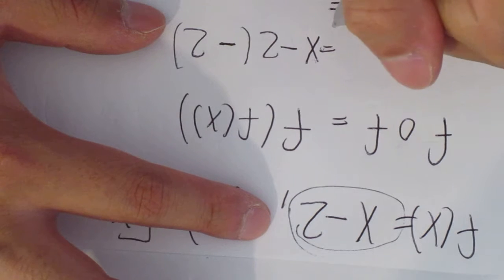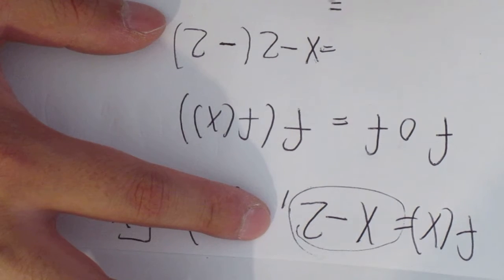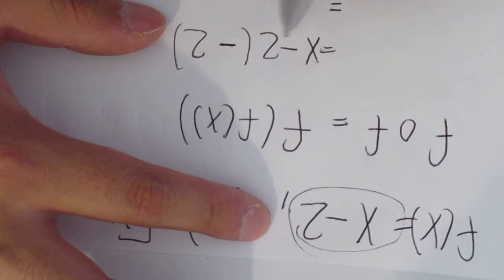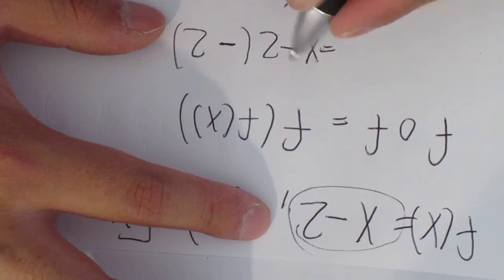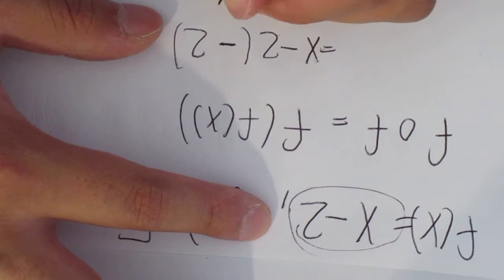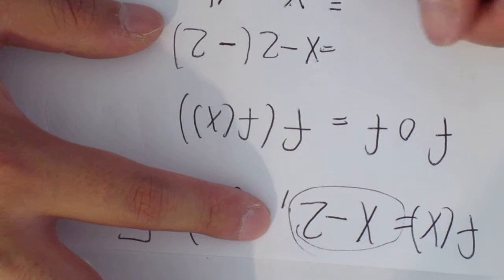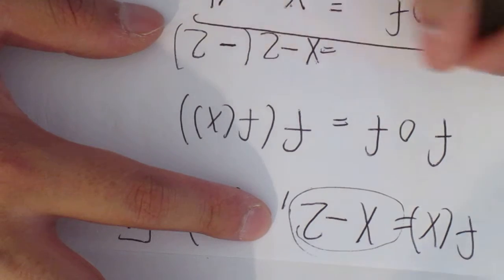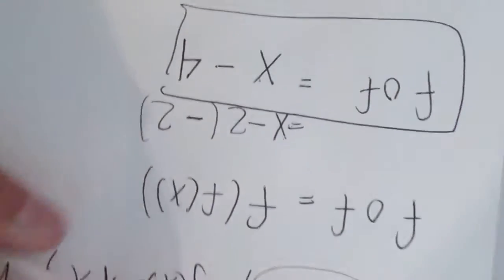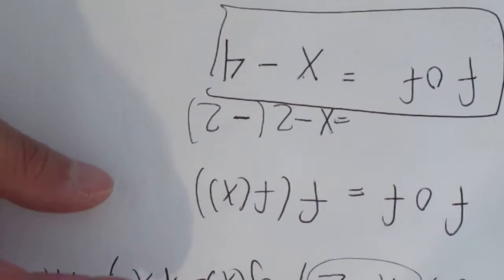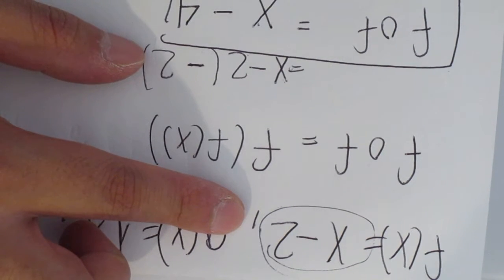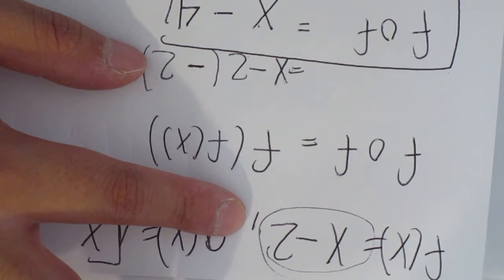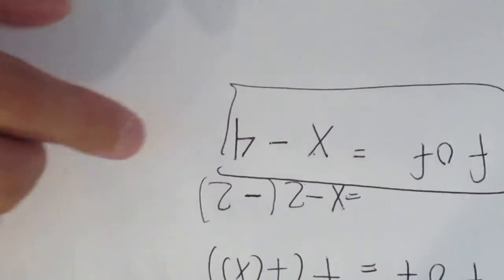So if you simplify this, it's x, a minus 2, and a negative 2 is a what? Negative 4. So FOF is x minus 4. So here's the function f of x, and you're just putting it into the same function, so that's how you got x minus 4.